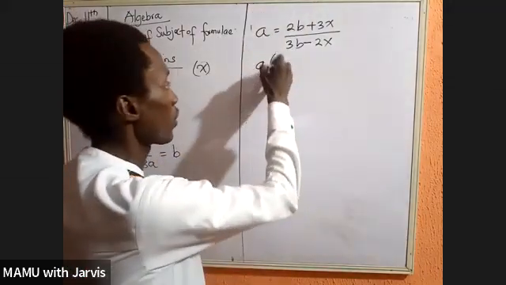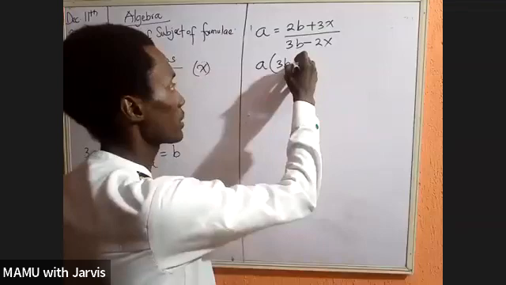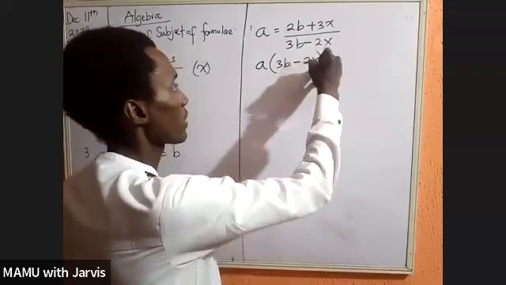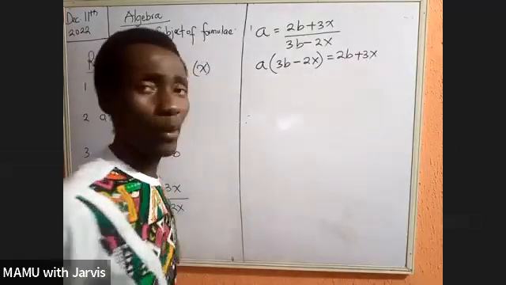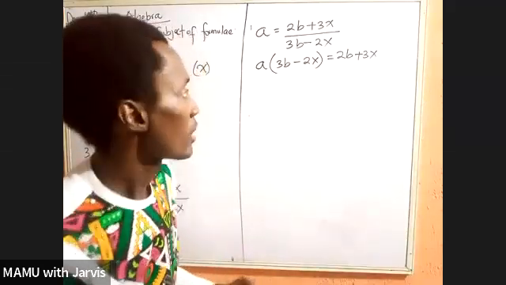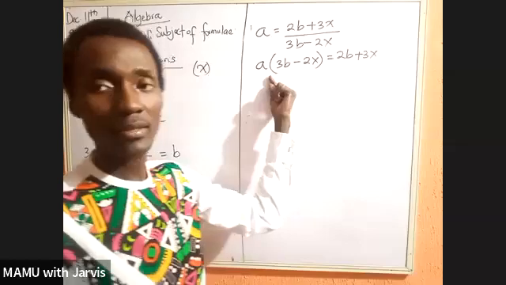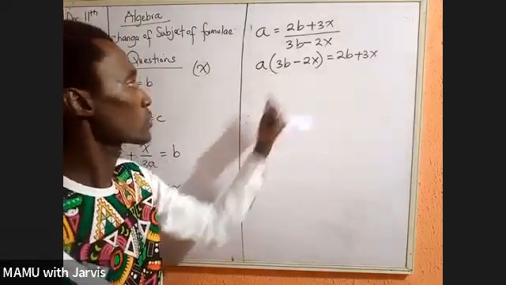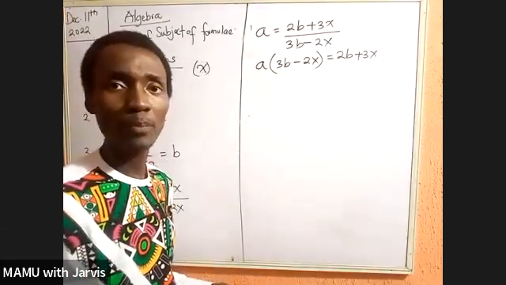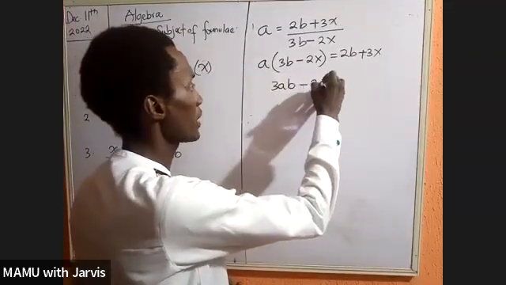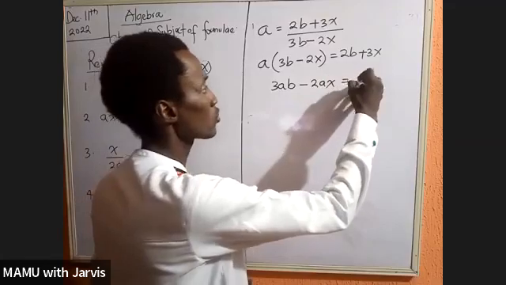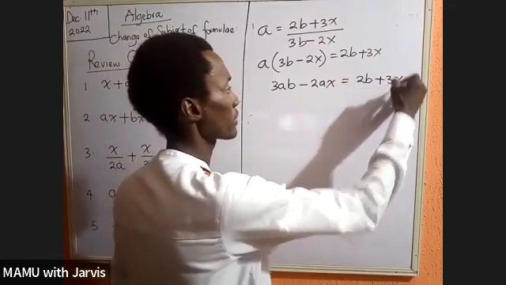So A will then multiply 3b minus 2x, and that will be equal to 2b plus 3x. Remember that what I'm looking for is x. So I need to open this part out. So that will be 3ab minus 2ax equal to 2b plus 3x.